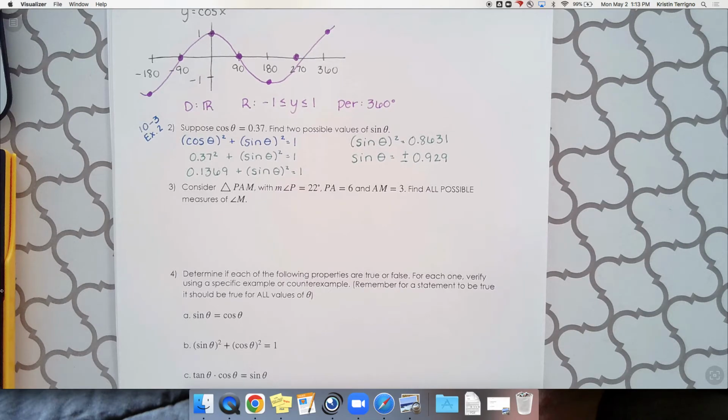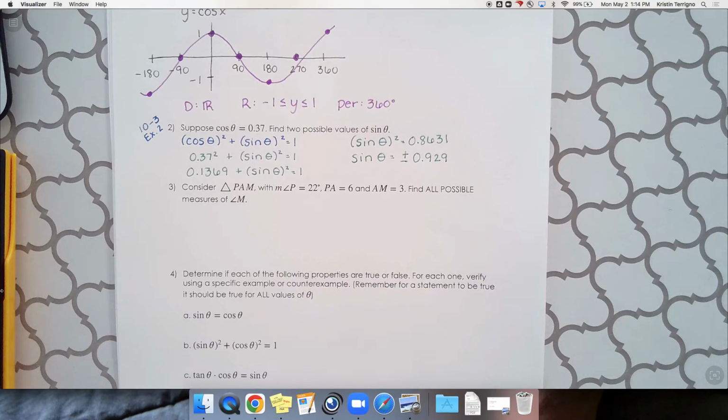You would basically do 360 minus that 68.3, and you could find that theta. But it's going to have the same sine value, it's just going to be negative. So it is okay if you do this and just put a plus or minus on the end, but this is the better way to go because your plus or minus kind of comes out of the process. You don't have to remember to add it on later. Does that make sense? Any questions there?